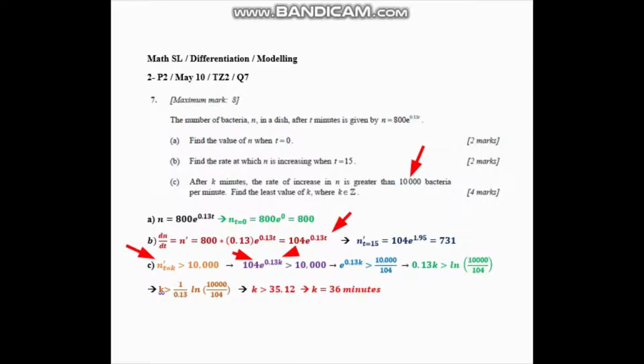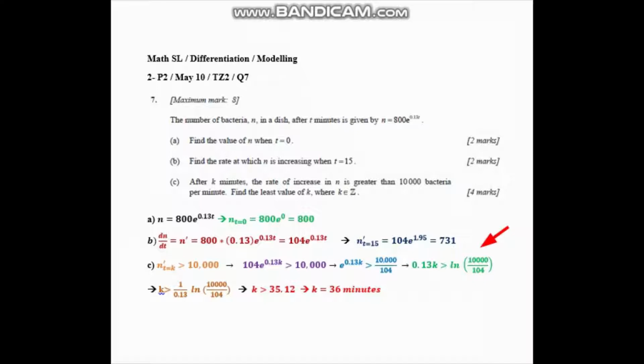I shall solve this algebraically. I shall isolate the exponent first by dividing by 104. Next, I shall introduce the ln function to both sides to get rid of the exponent on the left hand side, and this gives me 0.13k greater than ln of 10,000 over 104.